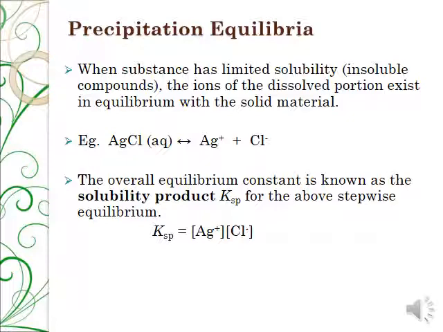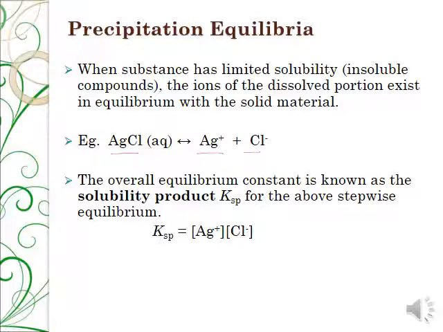Therefore the overall equilibrium constant is known as the solubility product, Ksp, for the substance with limited solubility in equilibrium. So consider silver chloride in aqueous form. When it dissociates, it will form Ag+ and Cl- ions.